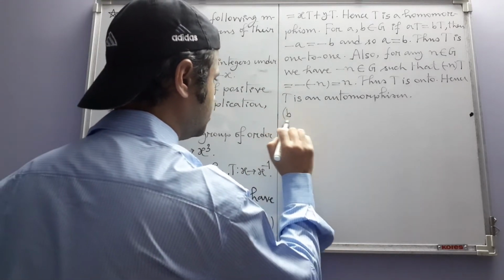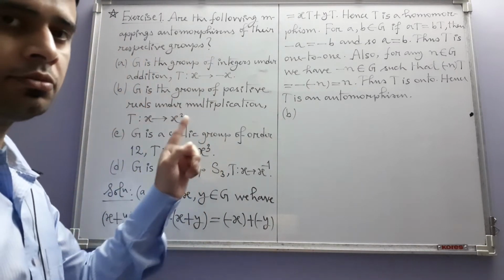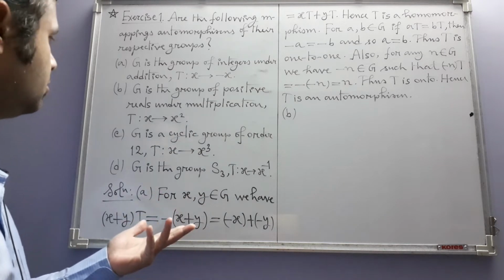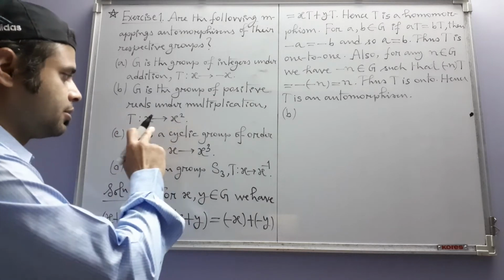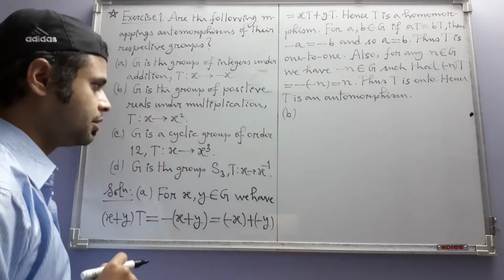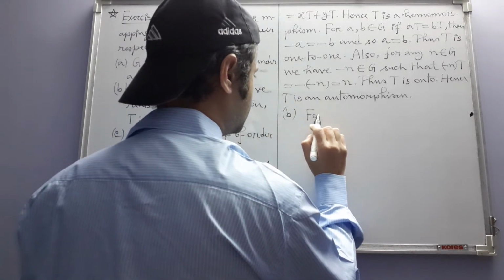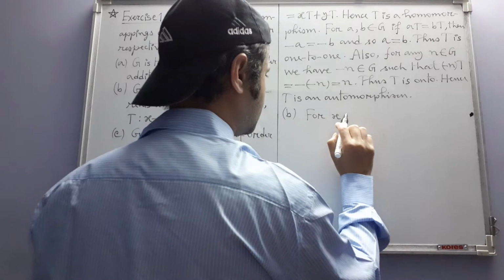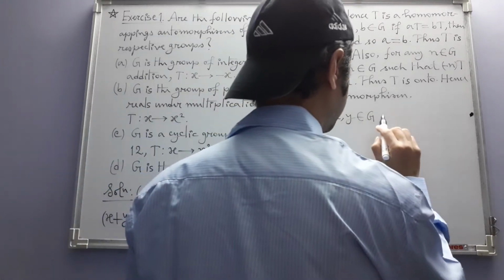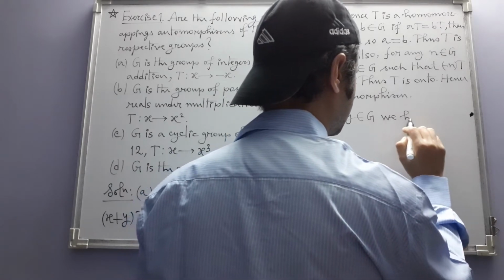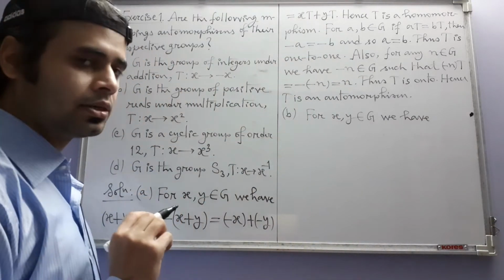Then in part B, the group is the group of positive reals under ordinary multiplication, and this is the function. This function is also well defined, just like the previous one. For two positive real numbers x and y, now the operation is multiplication of reals.